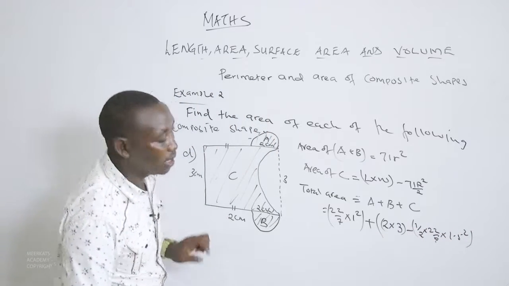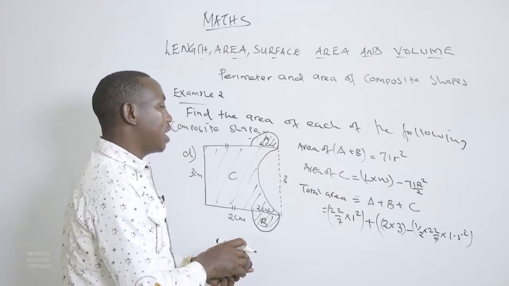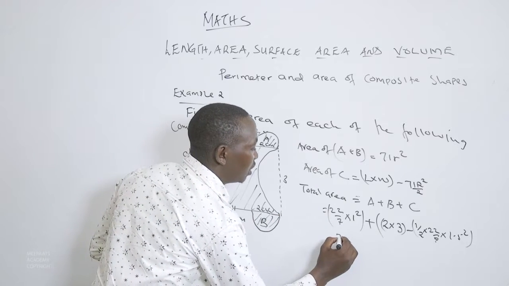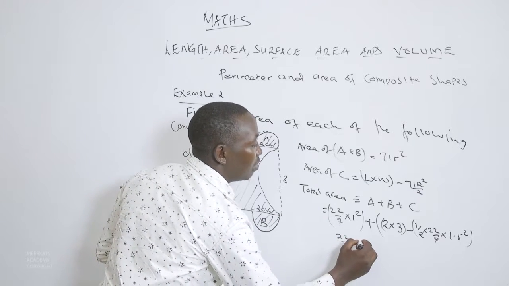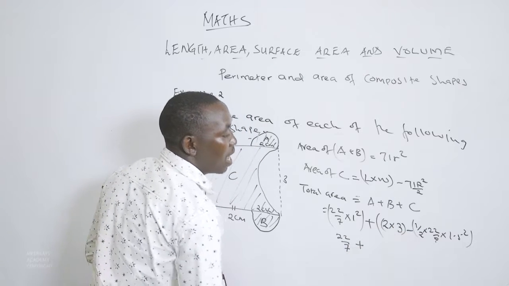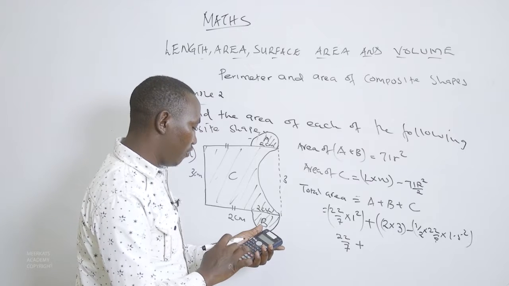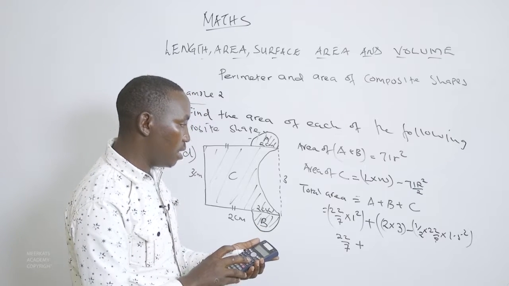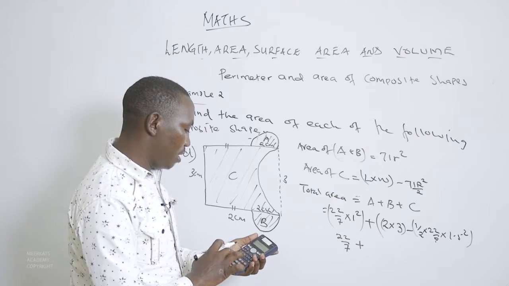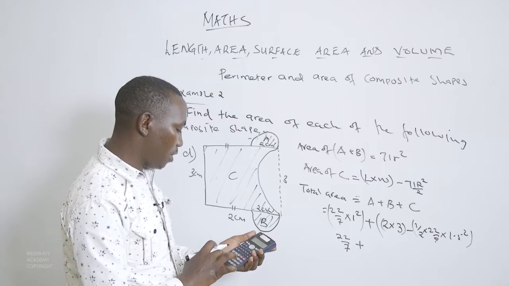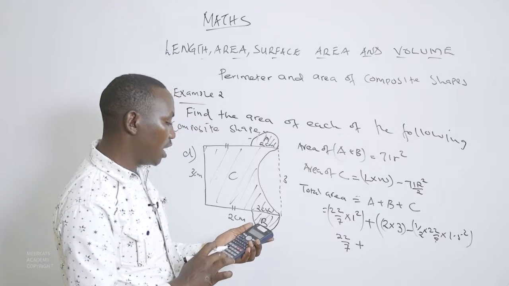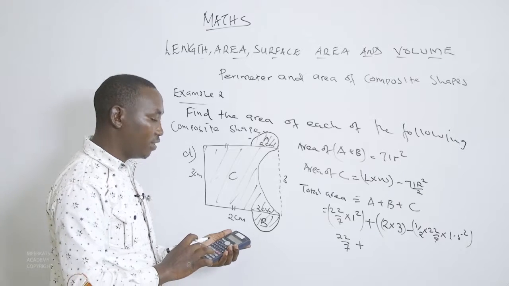square centimeters. So in this particular case, this first part will give us 22/7 plus 2 multiplied by 3, that will give us 6. Then a half multiplied by 22/7 multiplied by 1.5 squared will give us 3.5357.